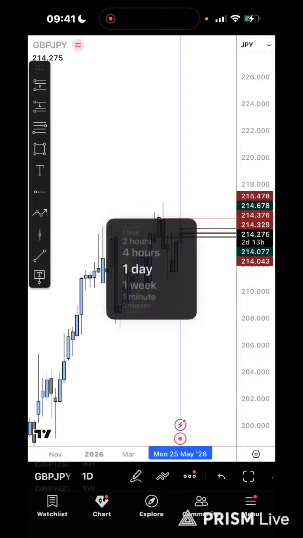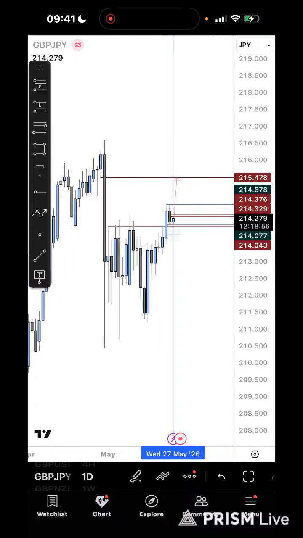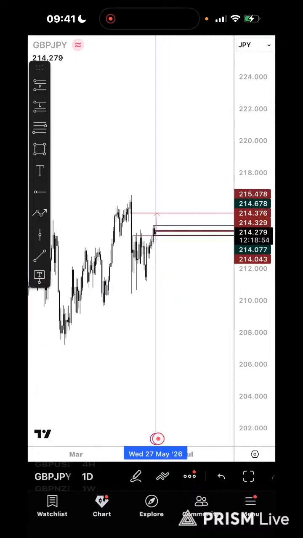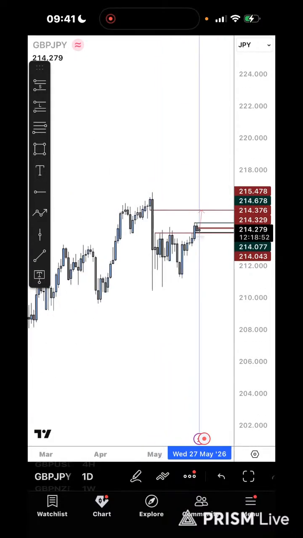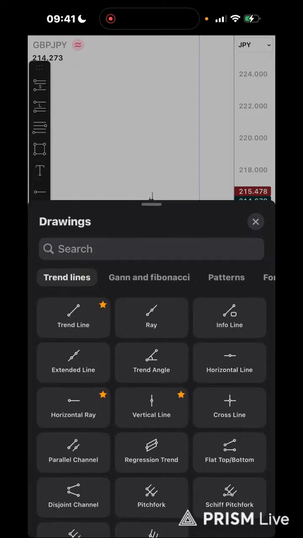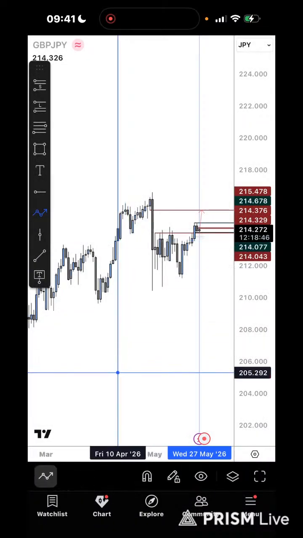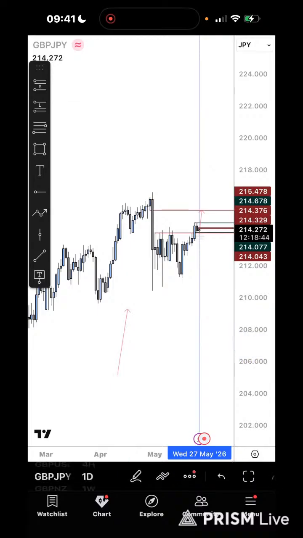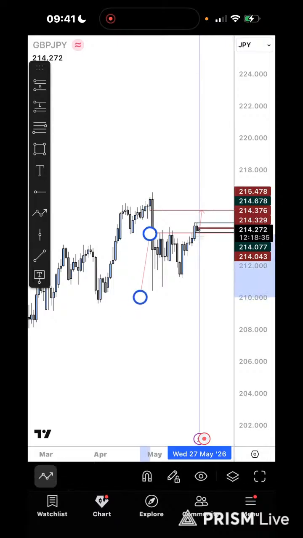So we take that to the daily time frame, and what's interesting is that even still, we took out this. Hold on, I need to get an arrow so you can see what I'm talking about. Okay. So this short-term low has been taken out because price displaced over here.